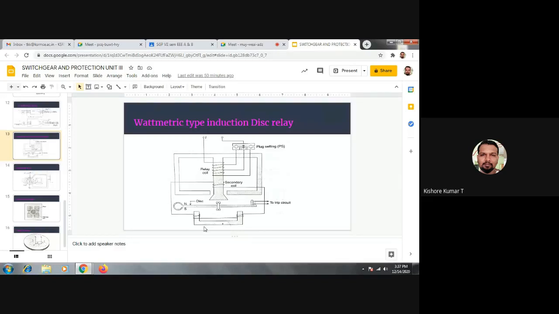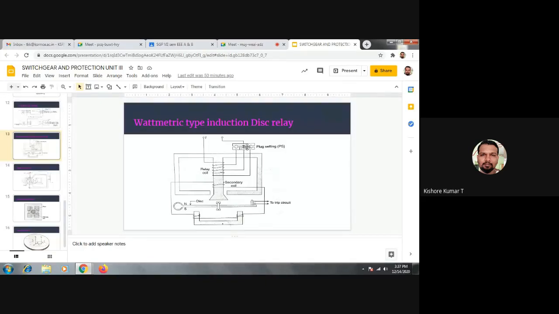This bottom pole is energized by the flux developed by the upper pole. You may consider this entire arrangement as the upper pole and this one as the lower pole. This lower pole is short circuited. The coil which is wound on the lower pole is short circuited and it is energized by the magnetic field which is set up by the upper pole. This upper pole is energized by the relay coil.